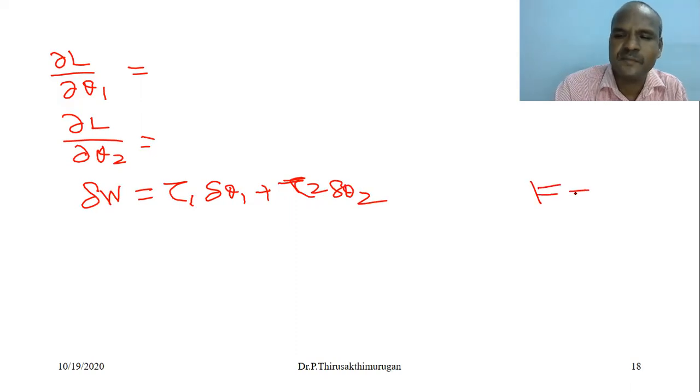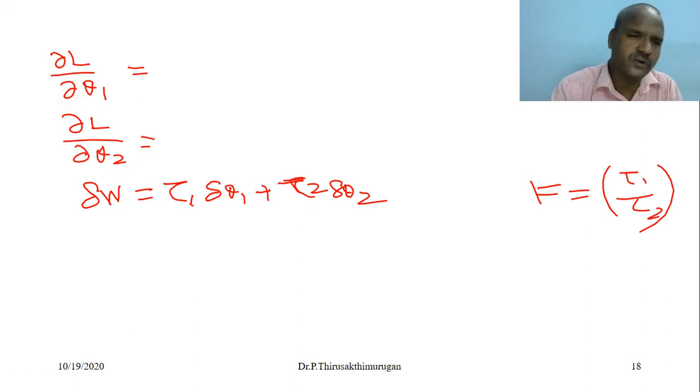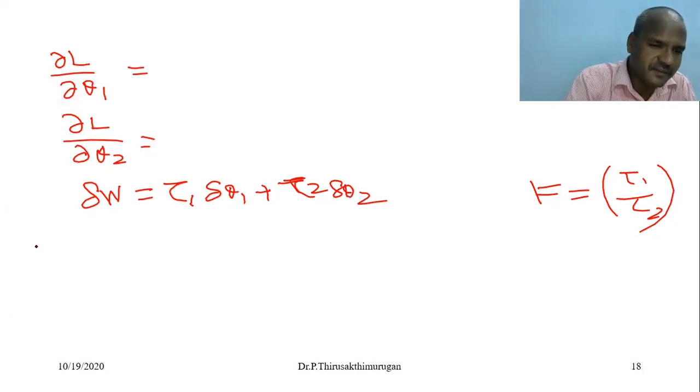F is nothing but tau 1, tau 2, the external forces. Please first find dou L by dou theta 1 and dou L by dou theta 2.